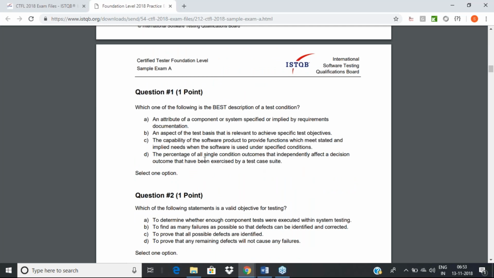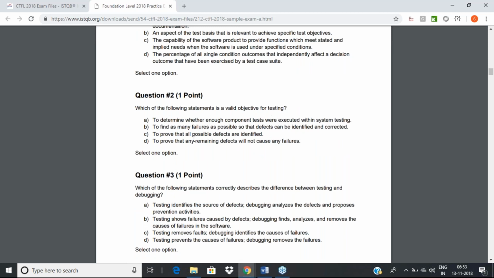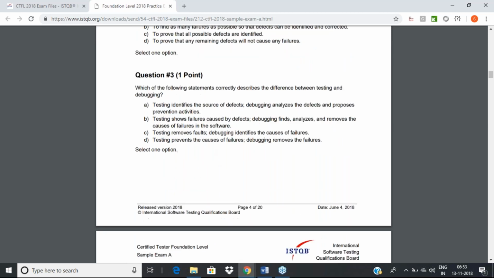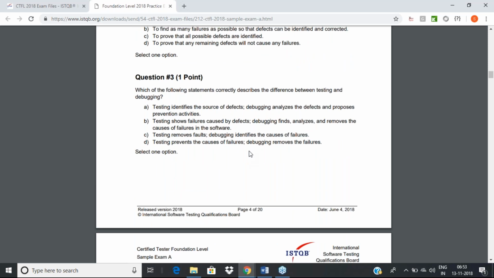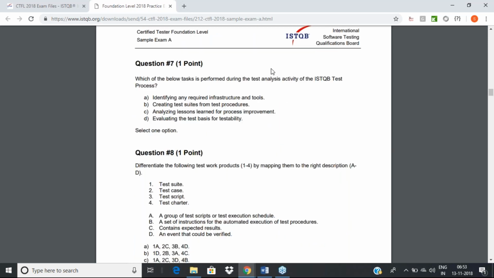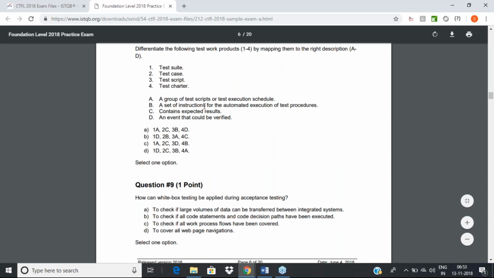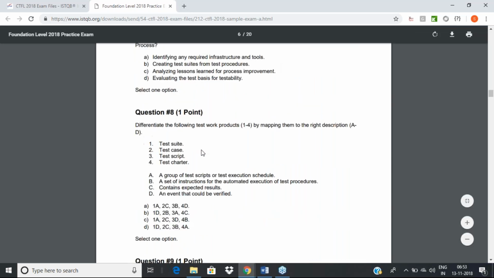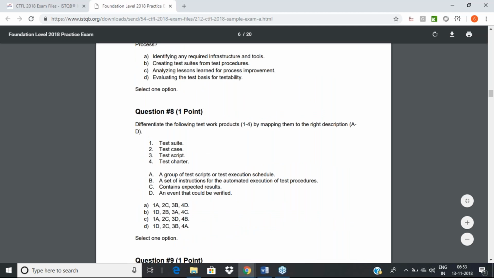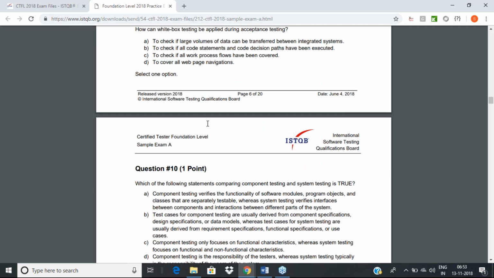What is meant by test condition? Which of the following statements is a valid objective for testing? Which of the following statements correctly describes the difference between testing and debugging? Some of these questions are related to the techniques that we are going to talk about, like black box and white box testing, and then you have to apply the technique. You can see a question on white box testing here.